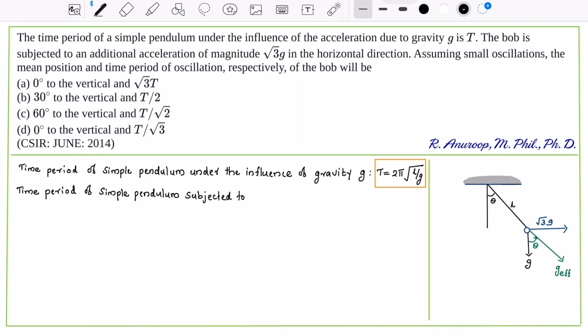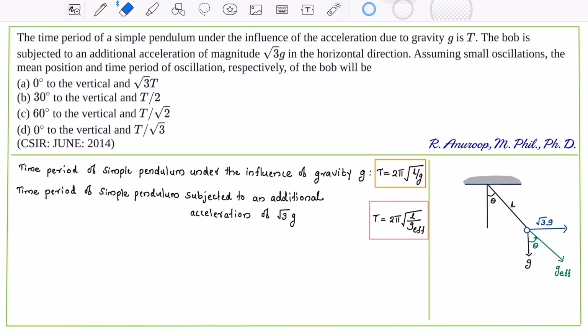The time period of the simple pendulum subjected to an additional acceleration of root 3g, we can write it as T dash, that is equal to 2 pi into root of L by g effective, where g effective is the resultant acceleration of g and root 3g.